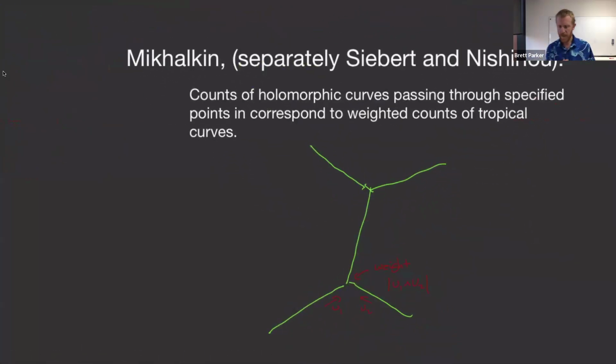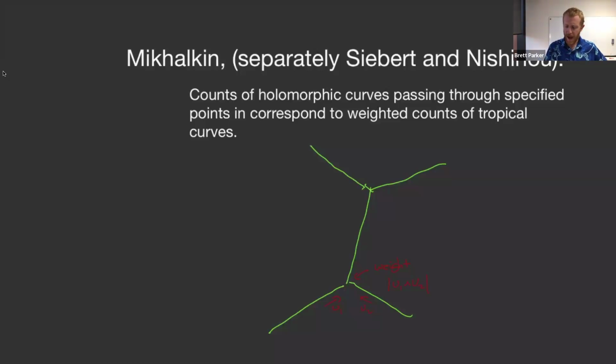And Mikhalkin, and separately Siebert and Nishinou, proved a correspondence formula. Roughly they said that you can count holomorphic curves by counting tropical curves, and perhaps you put some constraints and points to make it pass through some points so that it becomes a count.